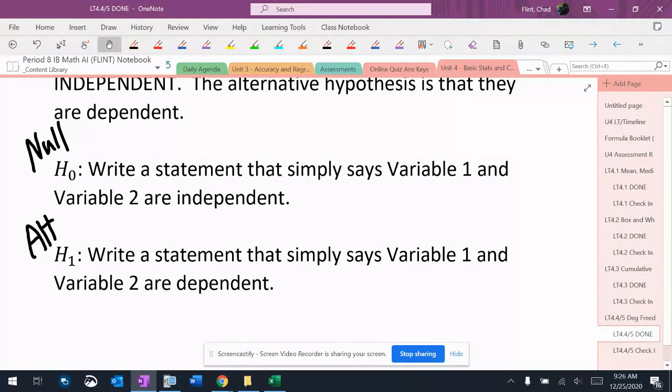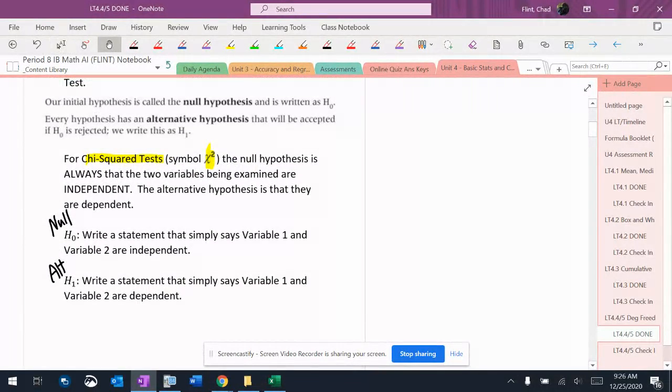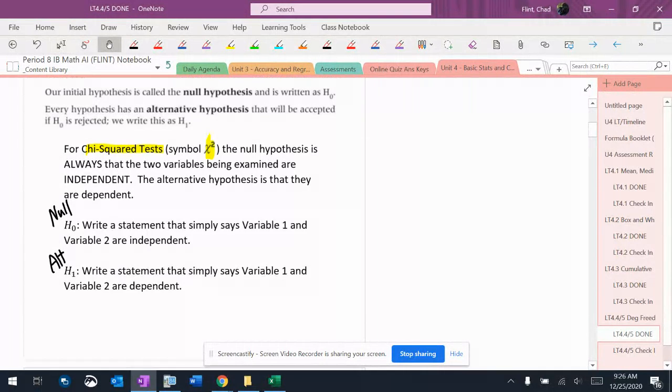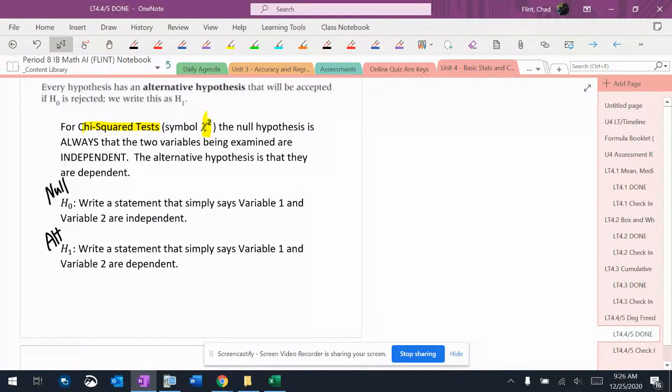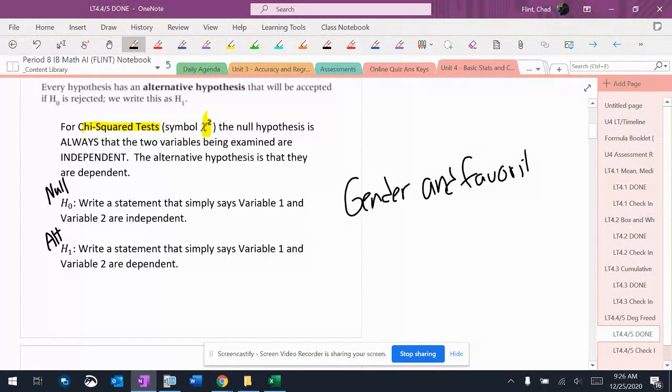So as an example, if I was maybe comparing gender to favorite animal, my null hypothesis would be gender and favorite animal are independent.